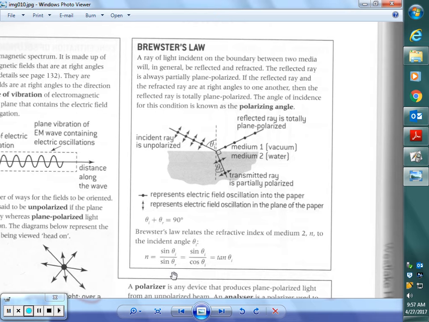It will be partially polarized regardless of what this angle is right here between these two rays, but if they are perpendicular, it will be totally polarized, right?